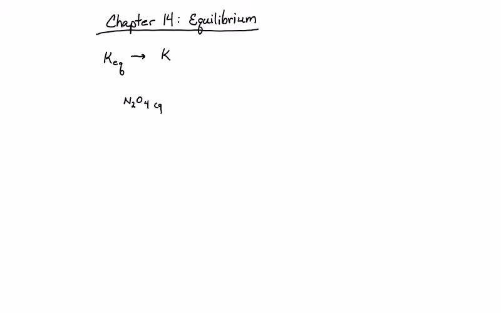Okay, so let's say that we have N2O4, which is a gas reacting in equilibrium to produce 2 moles of NO2, which is also a gas. Now, based upon what we saw in the last video about how we write out the equilibrium expressions, K would be equal to the concentration of NO2 squared divided by the concentration of N2O4.